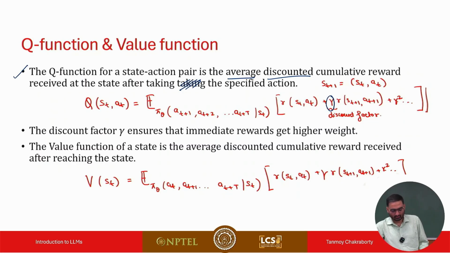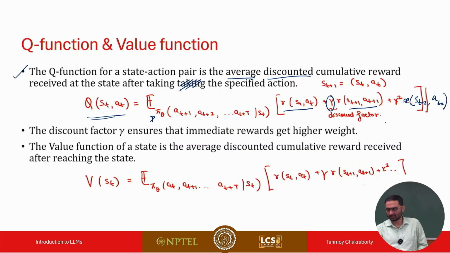Okay, so gamma is a discount factor. You see that the Q function of the state action pair is the expectation of the reward of the first state action, plus gamma times the reward of the second state action, plus gamma square times R at t plus 2, a at t plus 2, the third state action, and so on.